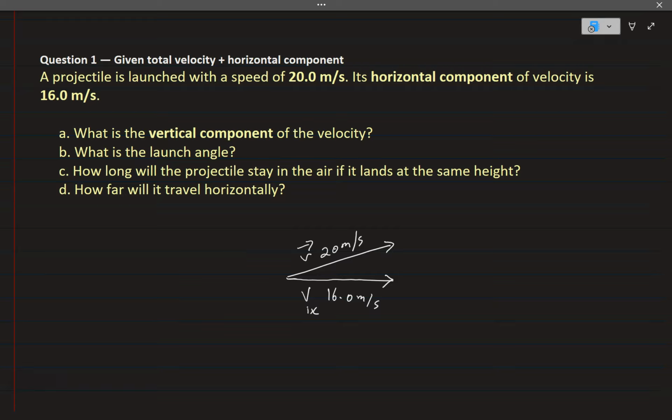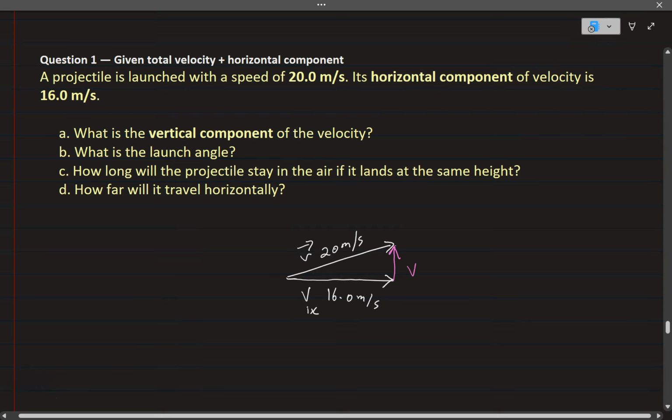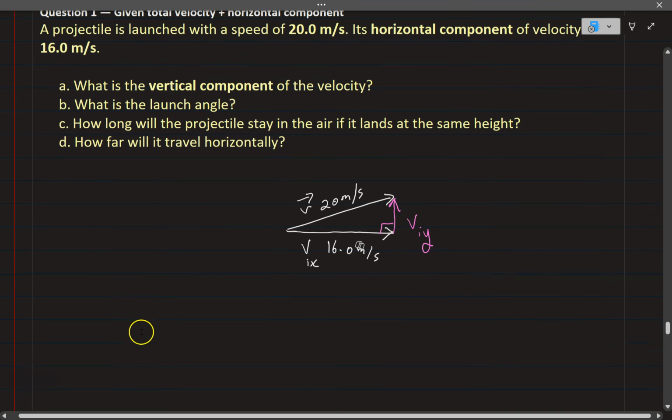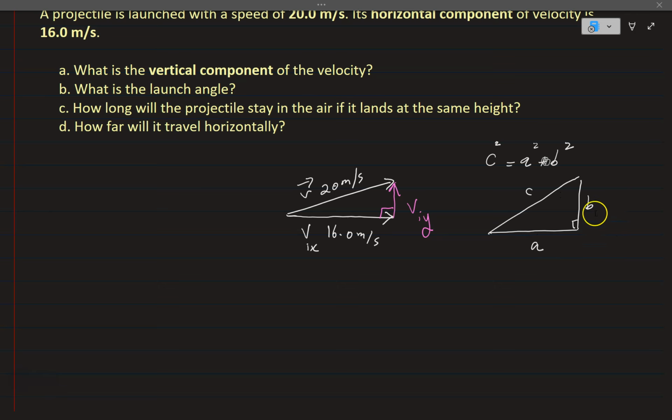Now, to find the vertical component, which is this VIY, we're going to use Pythagorean. This is a right angle triangle, so we can simply use Pythagorean to get VIY.